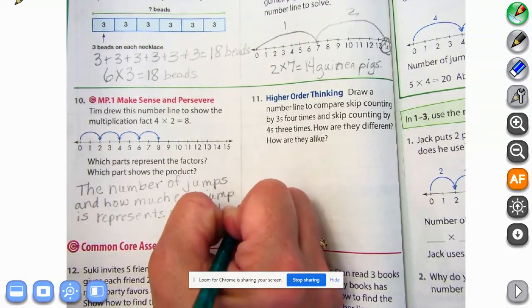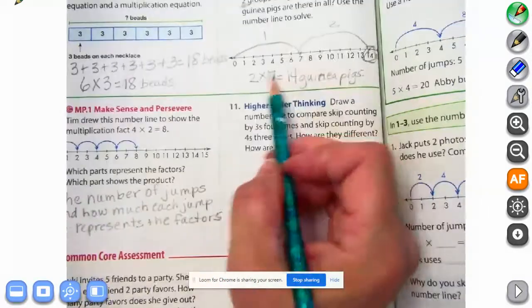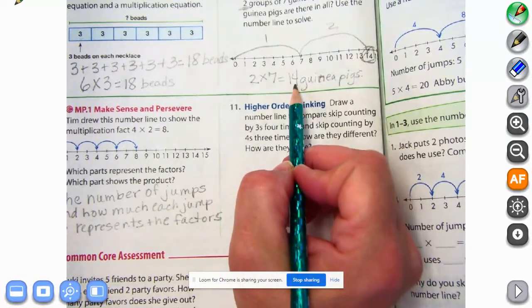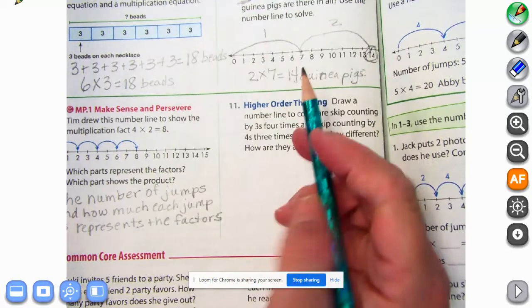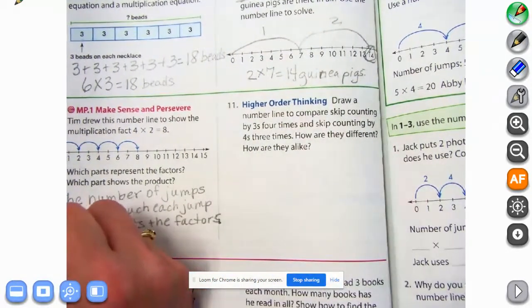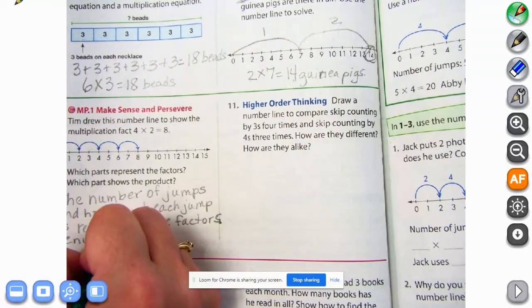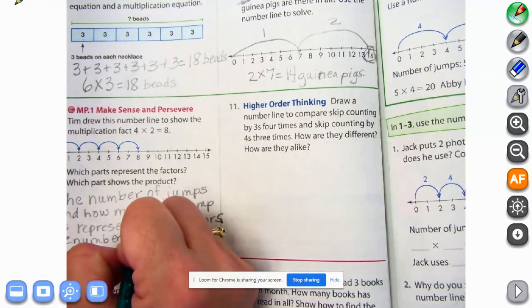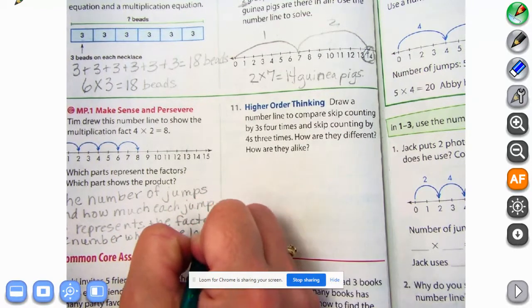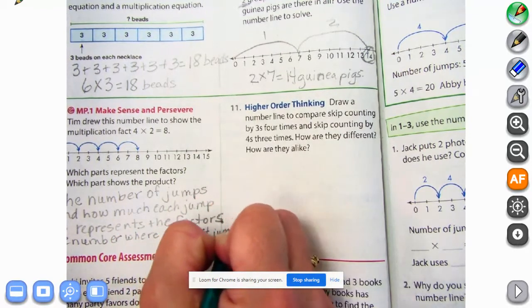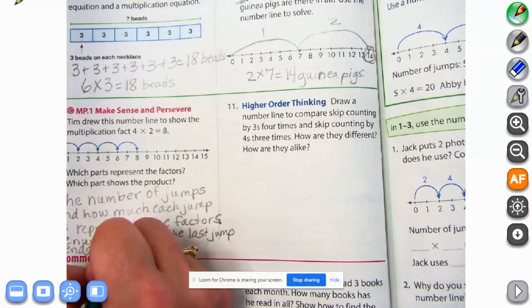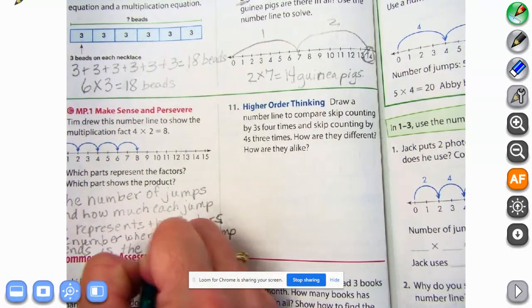So that was a question that we had yesterday too. What do we call the factors? These are the 2 factors, and this is the product. Okay? So then our last sentence is going to be the number where the last jump ends is the product.